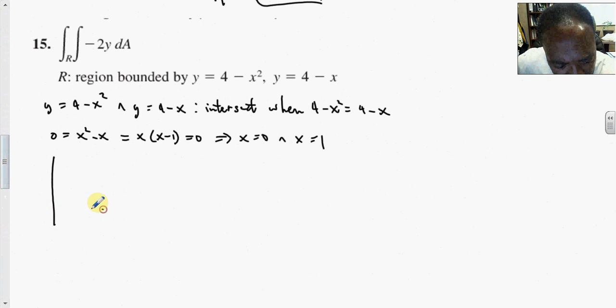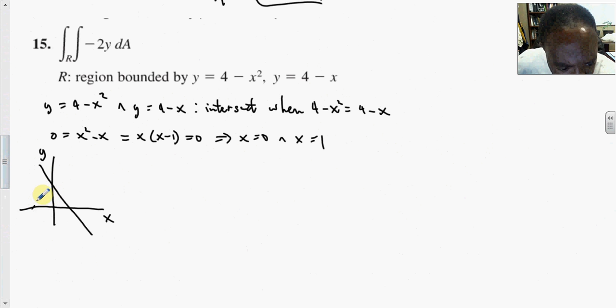So graphically, just give a sketch of a graph. Won't be picture perfect, but 4 minus x is a straight line going down. And so here they share 4 when x is 0, right? And then they share 1.